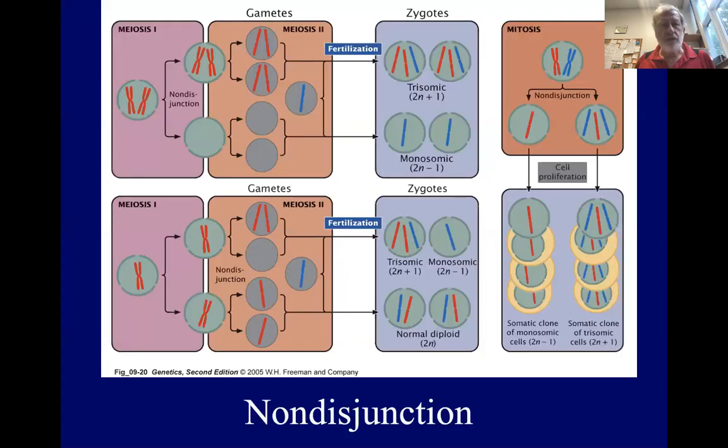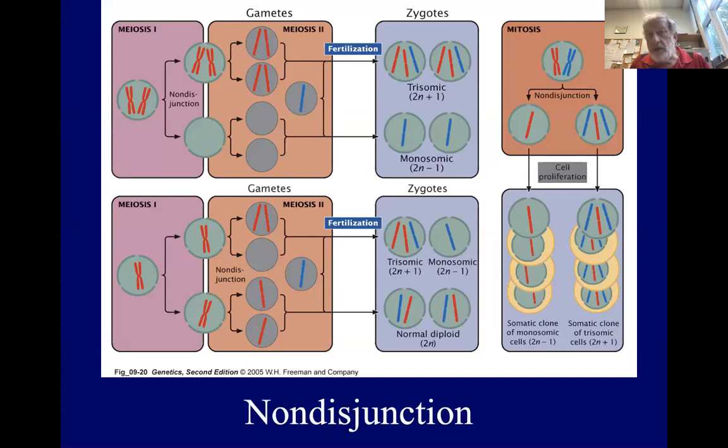So this shows non-disjunction. Over on the right here, it can occur during mitosis. If it occurs during meiosis 1, you're much less likely to get any normal gametes. If it occurs during meiosis 2, it's possible to get some normal gametes.